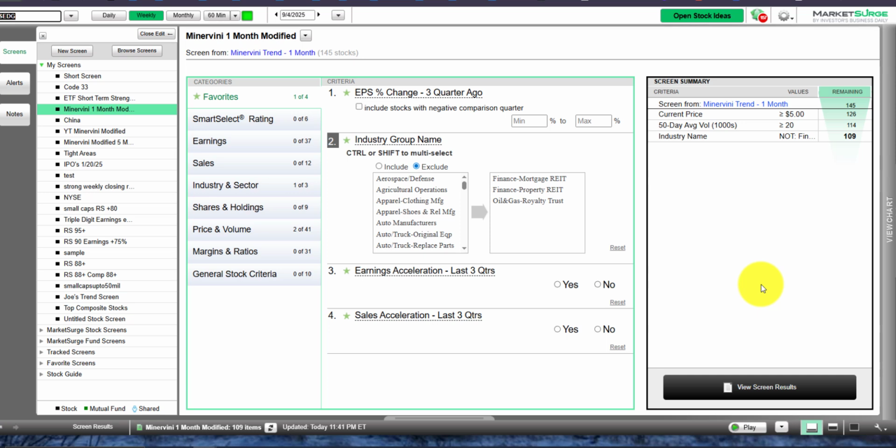And then I want to have a float of at least 200,000 shares changing hands each day. And I'm eliminating the REITs and the royalty trusts just because of the additional tax paperwork. And so let me show you how to find this.